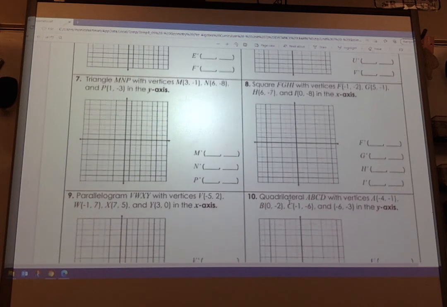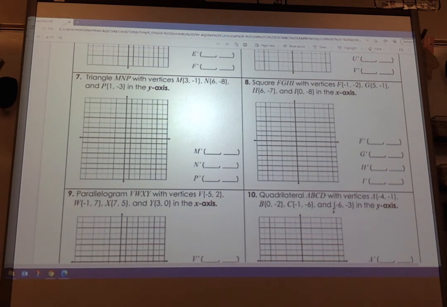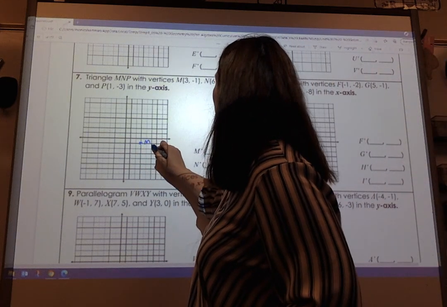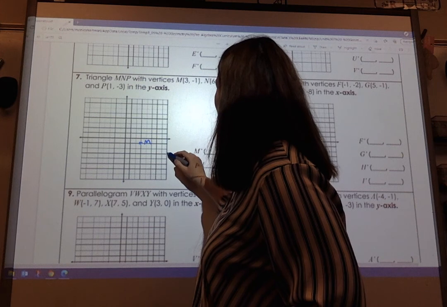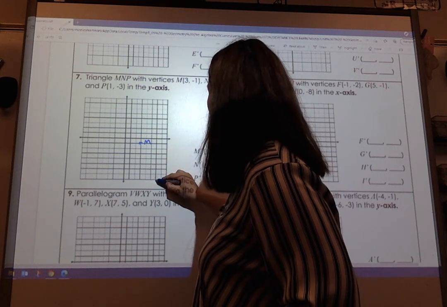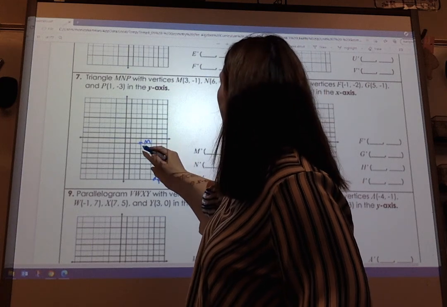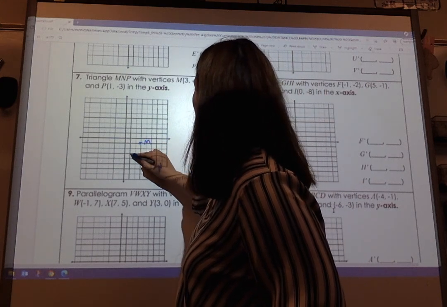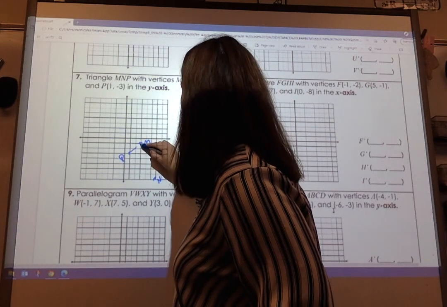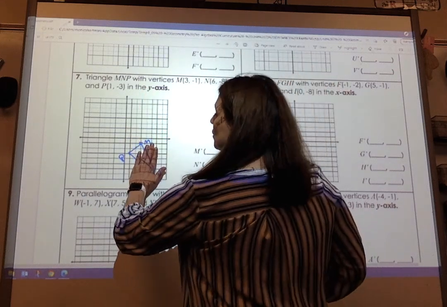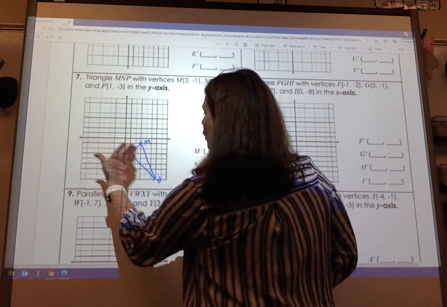So number 7, let's look at triangle. So we have 3, -1, that's M. We have 6, -8, that's N. And then we have 1, -3, that's P. And we are reflecting it across the y-axis, so it's going to come this way, the reflection is.